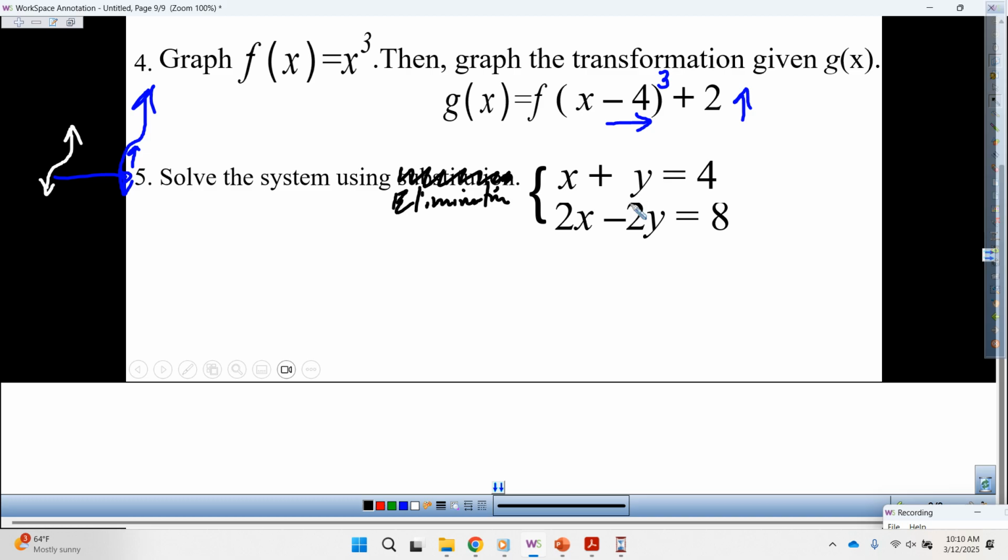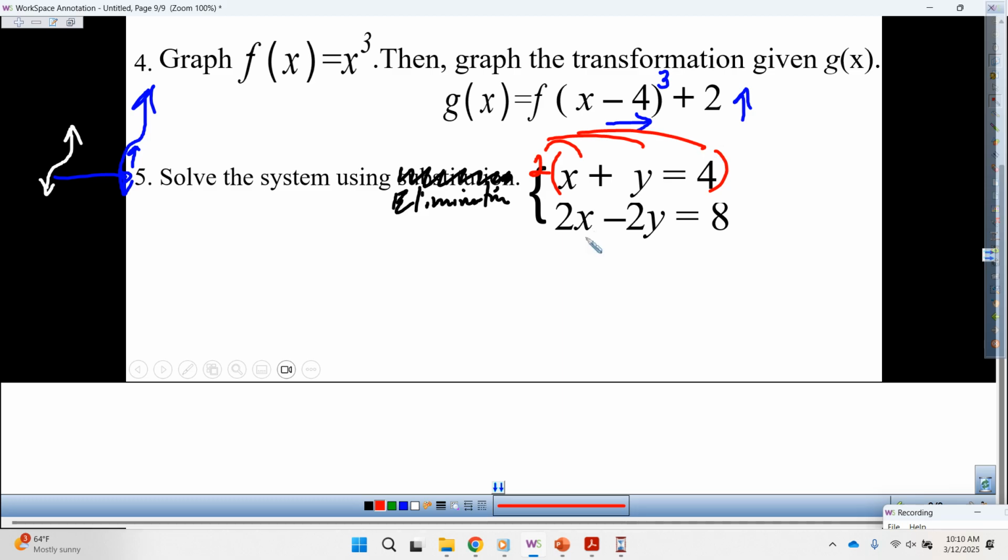The y, okay. However, in order to eliminate the y, the top one has to be a what? The same but positive, right? So what do I need to do to the top equation? Multiply times 2, that is correct.